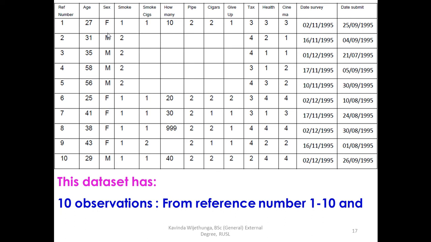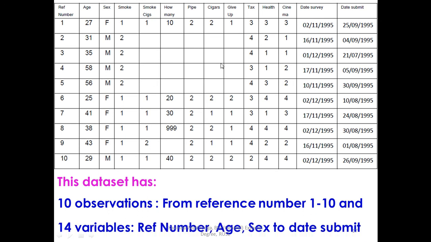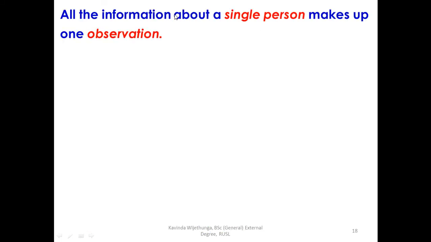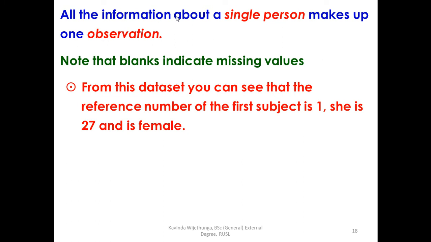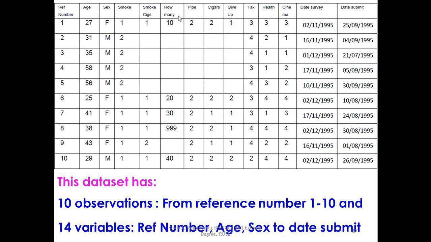This data set has 10 observations, from reference number 1 to 10, with some missing values, and 14 variables. All the information about a single person makes up one observation. Note that blanks indicate missing values. From this data set you can see that the first subject, reference number 1, is aged 27 and female.